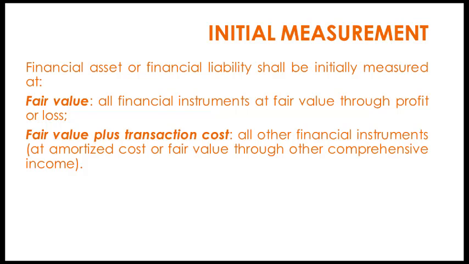All financial instruments at fair value through profit or loss, of course, will be measured at fair value. But if the financial instrument is at amortized cost or FVOCI, then the initial measurement will be fair value plus transaction cost.